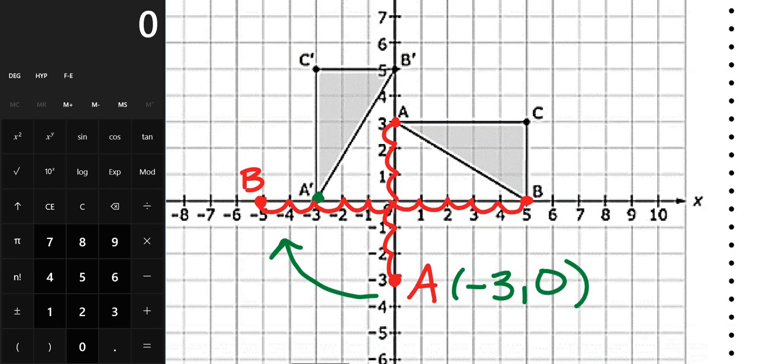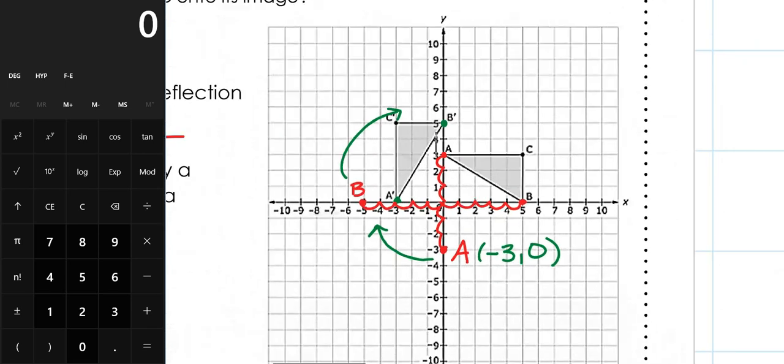So that's going to be in this direction. Again, clockwise. If you turn your paper, you should end up at 0, 5 right here. And you would see that yes, it does work. It should work for all of the points. So we are going to go ahead and select that the third choice is correct.